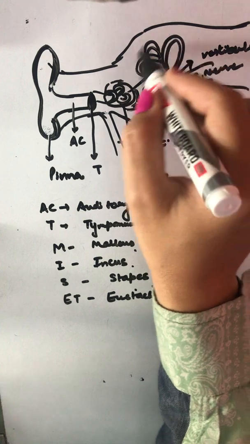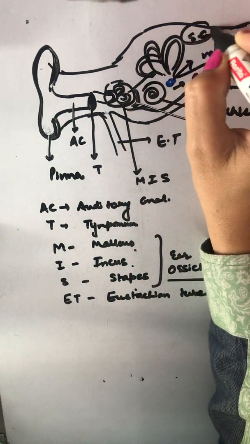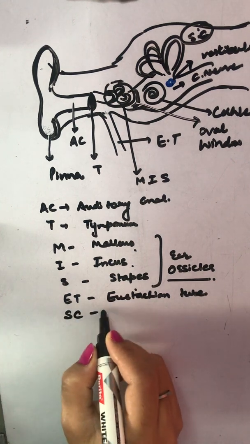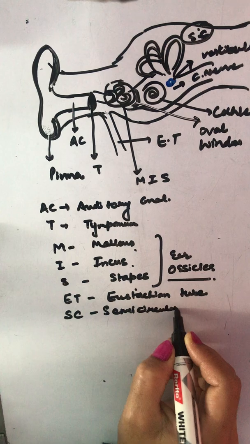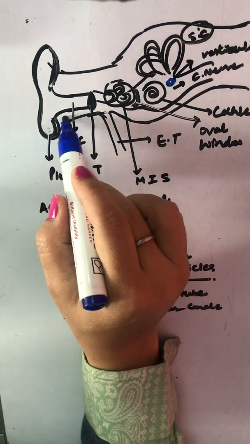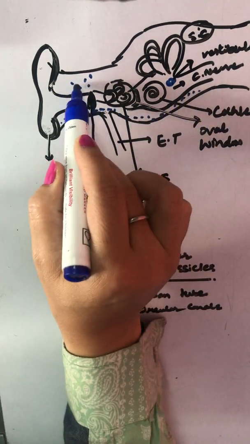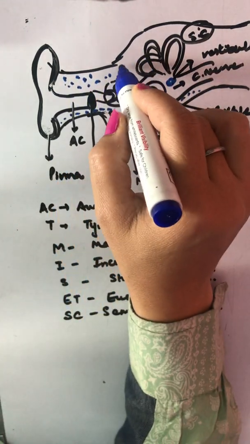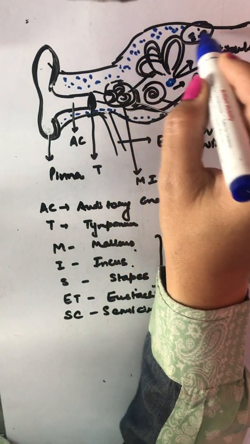And these three are the semicircular canals. This is the basic structure that we know. Clear? This is what we should know, what all is present in the ear.